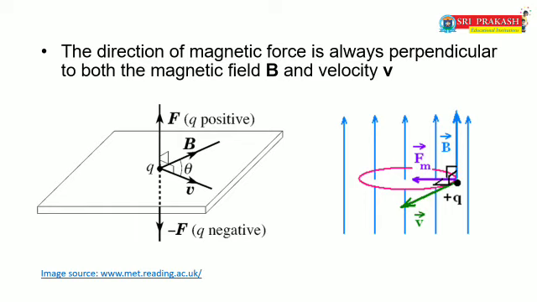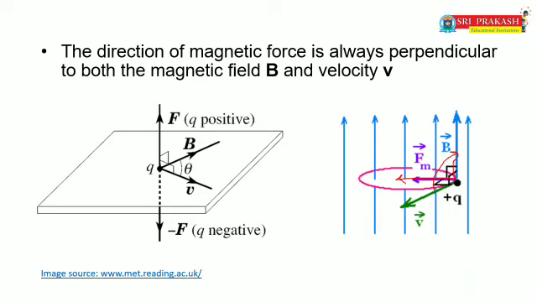Keep your right hand fingers pointing in the direction of velocity, and afterwards close your fingers towards the magnetic field. Then the thumb indicates the direction towards the center of the circle, as shown in the diagram.